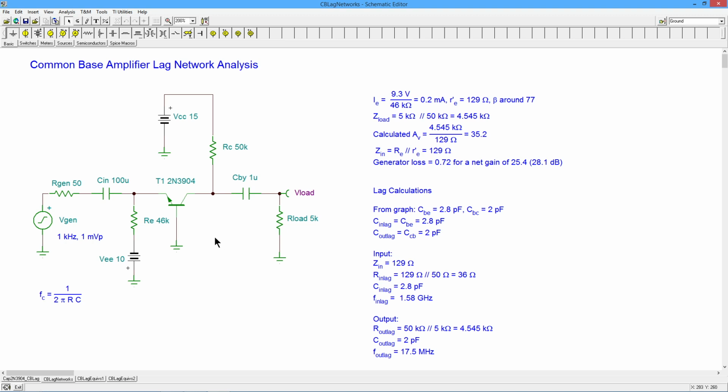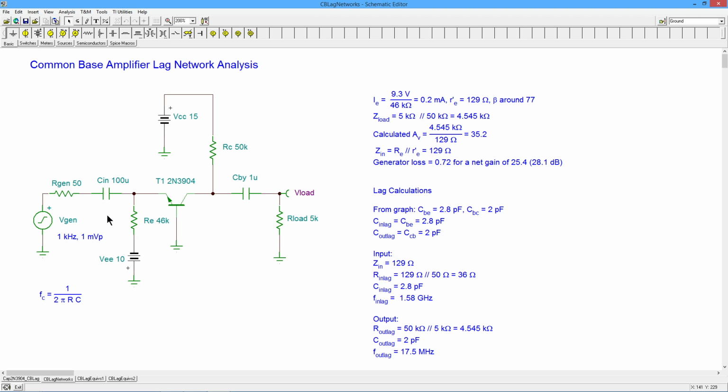So it's easy to do. In the case of, maybe, a common emitter amplifier, you would have a relatively high input impedance and you could play around with the generator impedance. You could bring that up, which, by increasing R, would translate FC down. You could make it dominant that way, and that doesn't really affect much else in the circuit.